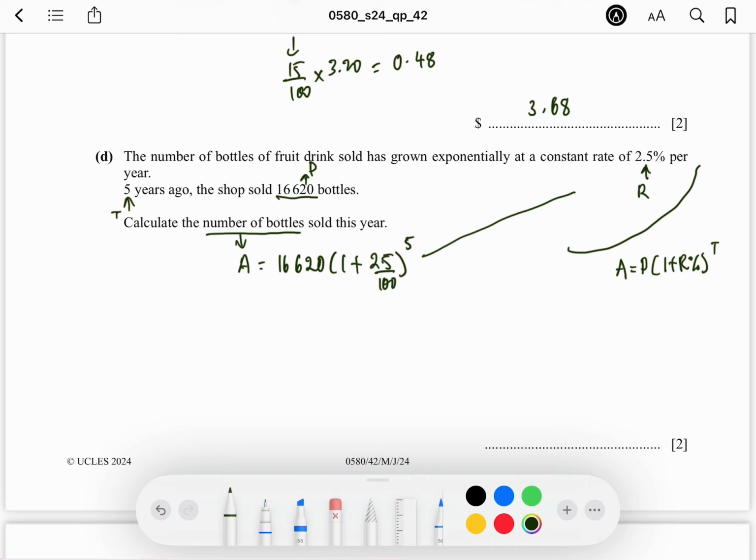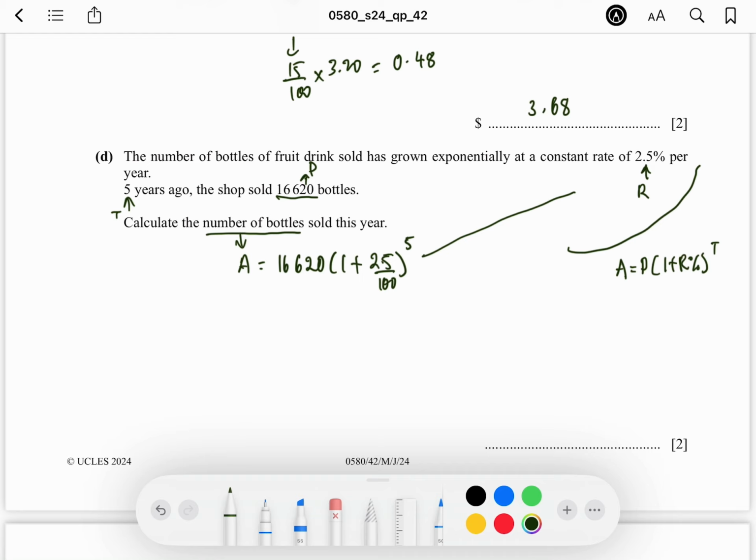Yan, whole number, 3 significant figures. There you go.